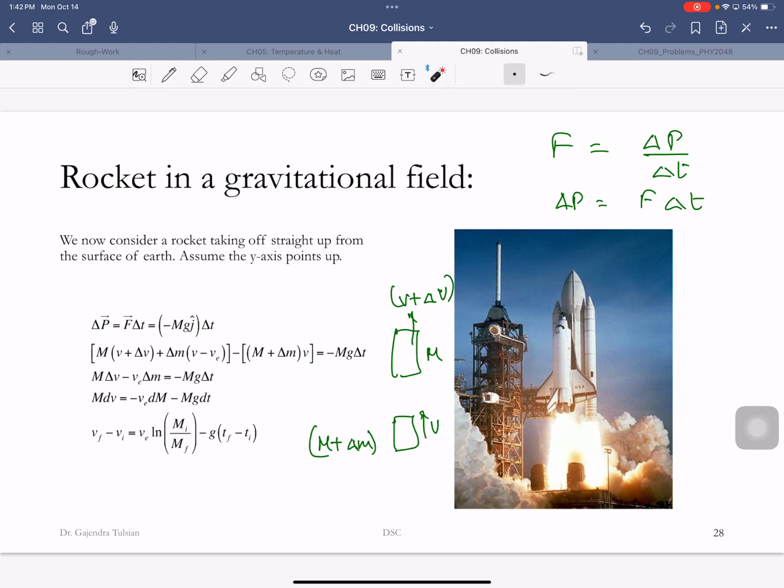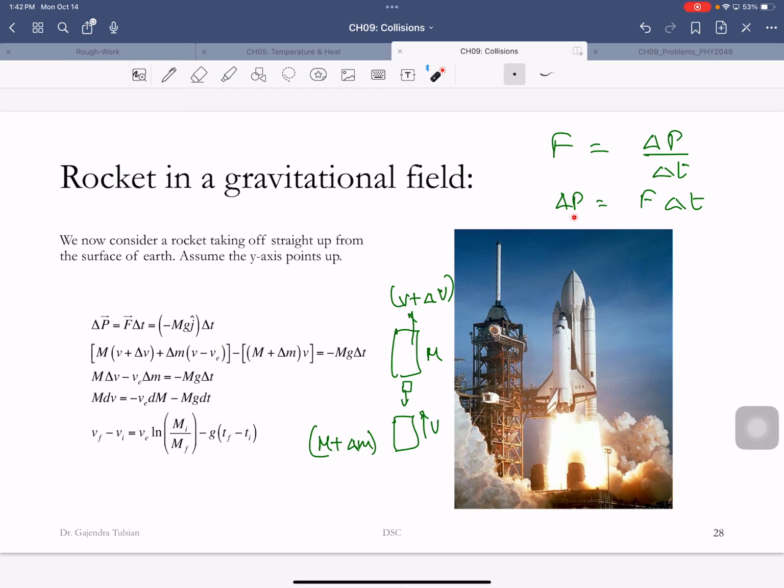So here is the final momentum. We're considering this rocket flying up. Here is the rocket a small time later. Here was the rocket initially. And remember you shot out some exhaust. So there's the total final momentum minus initial momentum.